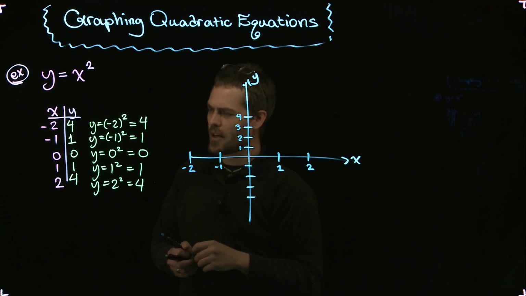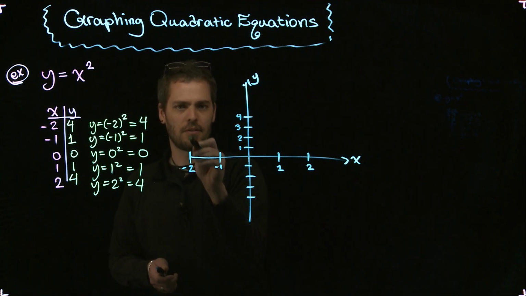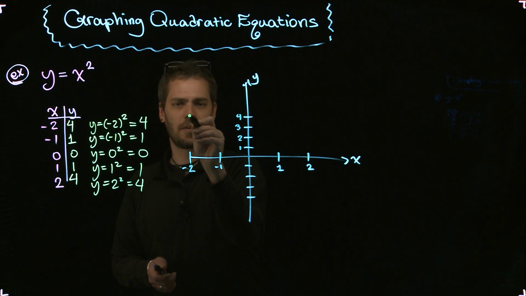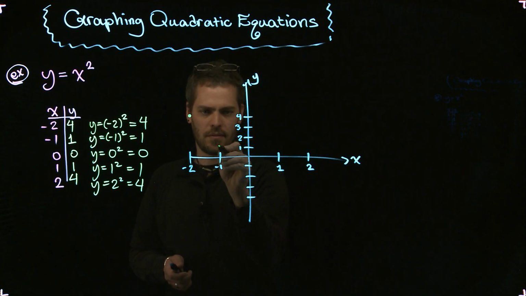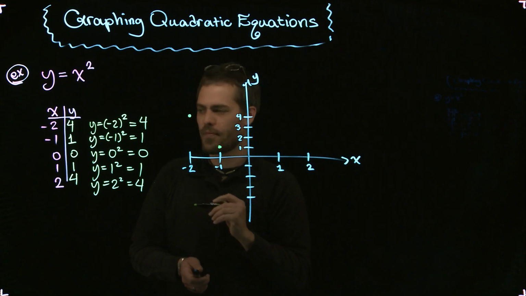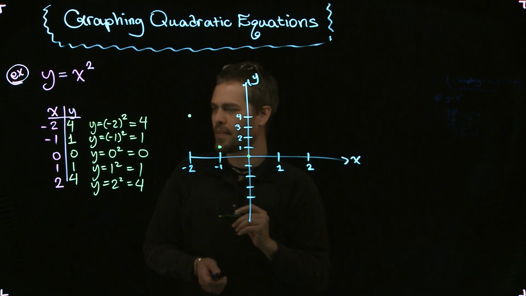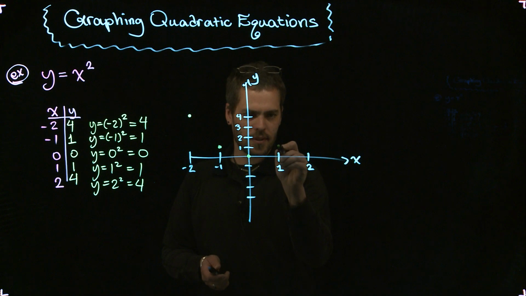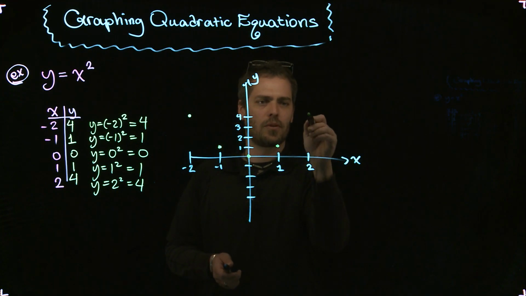So my first point is -2, 4. -2, 4, right here. My next point is -1, 1. Okay, right there. Then I have 0, 0, right there at the origin. 1, 1 is here. And 2, 4 is here.